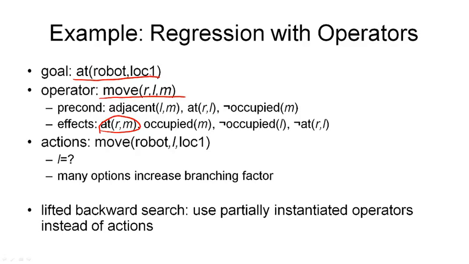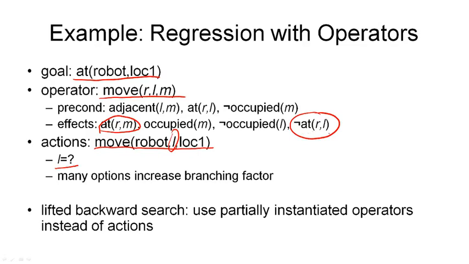So all the actions that can be relevant for this goal must be of this form, that we want to move the robot from some location l to location 1. But l remains a variable here. So we don't know what this value of l should be. In fact, if you choose the wrong value for l, it may even interfere with the goal, because we also have a negative effect not at(r, l).